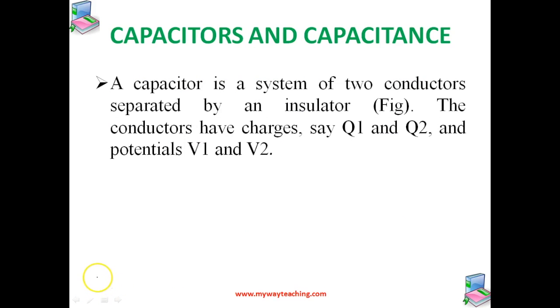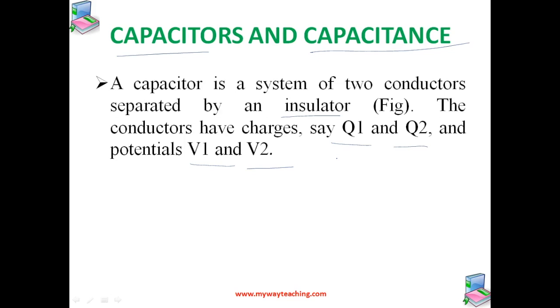Now we are going to study the most important part, that is capacitors and capacitance. See, a capacitor is a system of two conductors separated by an insulator. The conductors have charges say Q1 and Q2 and potentials V1 and V2. So we can say capacitors in general are two conductors separated by an insulator.